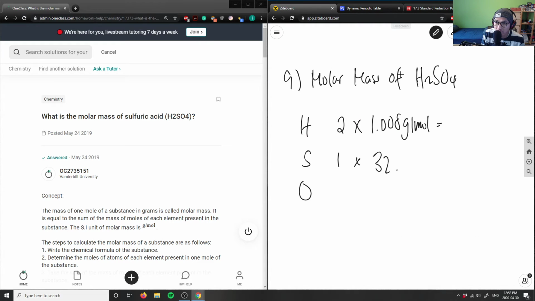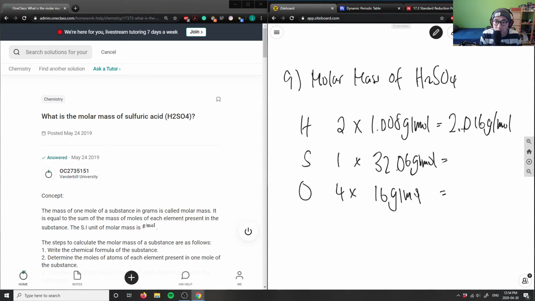32.06 grams per mole. And then finally, oxygen, I have 4 oxygens in here in SO4, right? So 4 times 16 grams per mole. So I basically have to plug this into my calculator, right? I have 2 times 1.008, which will give me 2.016 grams per mole. 1 times 32.06 would be obviously just 32.06, and 4 times 16 here would give me a value of 64 grams per mole.